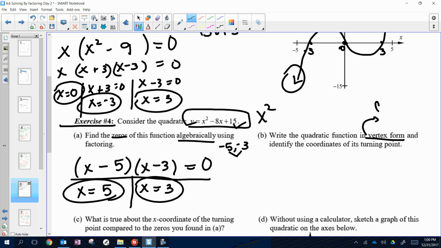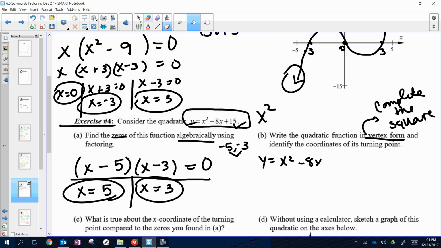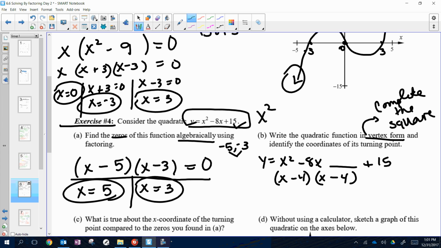Write the quadratic function in vertex form. Hopefully you remember that means complete the square. You should write that down too, because vertex form and complete the square need to be connected in your brain. So we're going to take y equals x squared minus 8x plus 15. We're going to put the plus 15 down here a little bit. This factors into x and x, minus 4, minus 4.